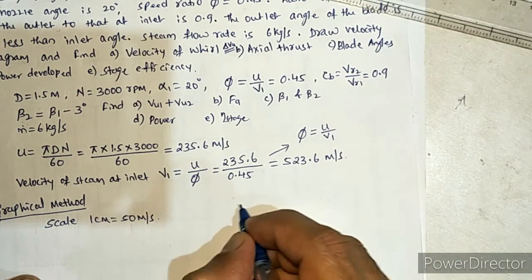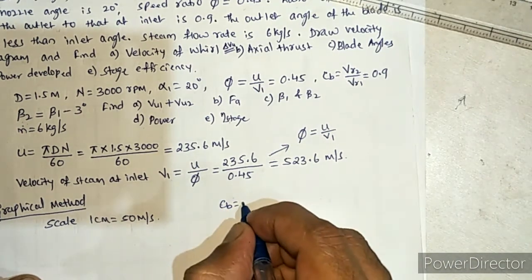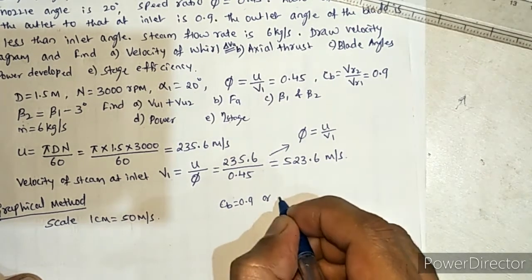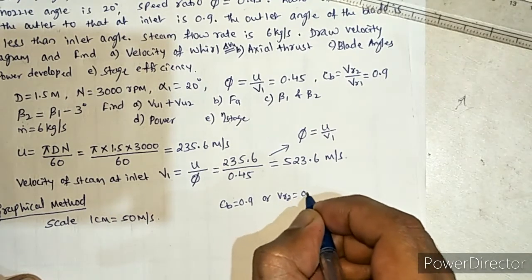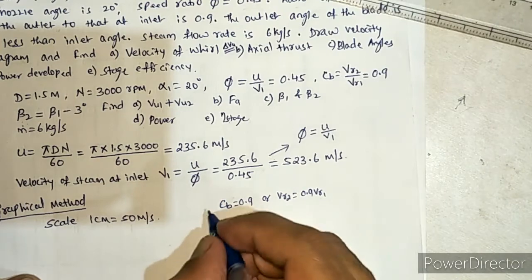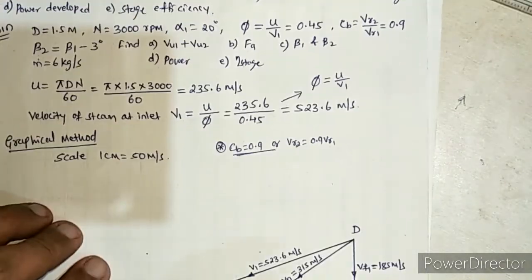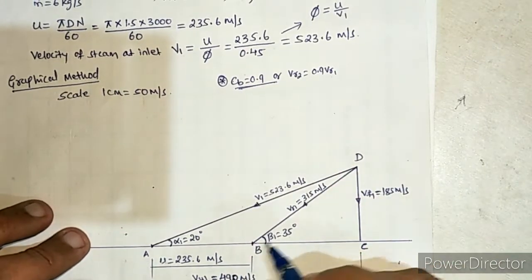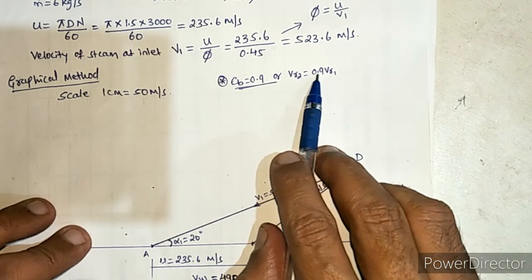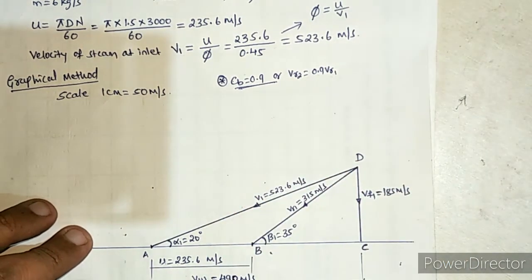So since CB is 0.9, VR2 is equal to 0.9 times VR1. This is a very important relation. So now I am going to measure this VR1, and it has to be multiplied by 0.9, so I am going to get this VR2.